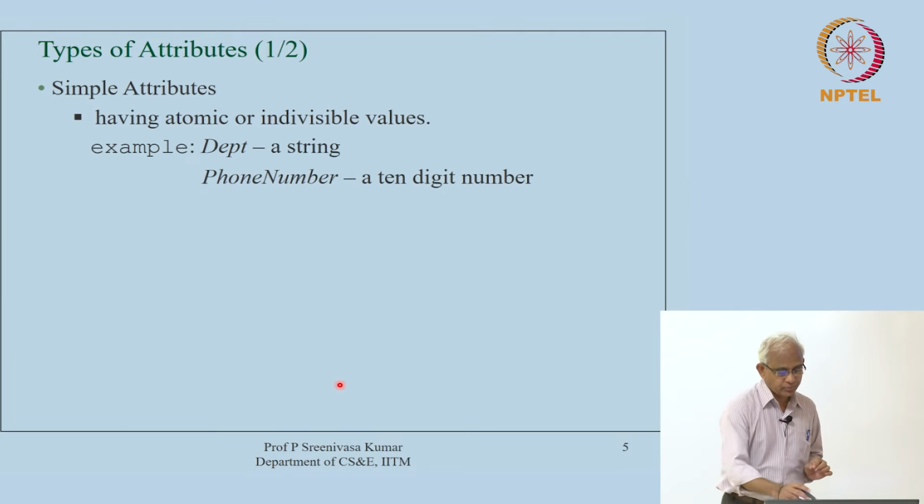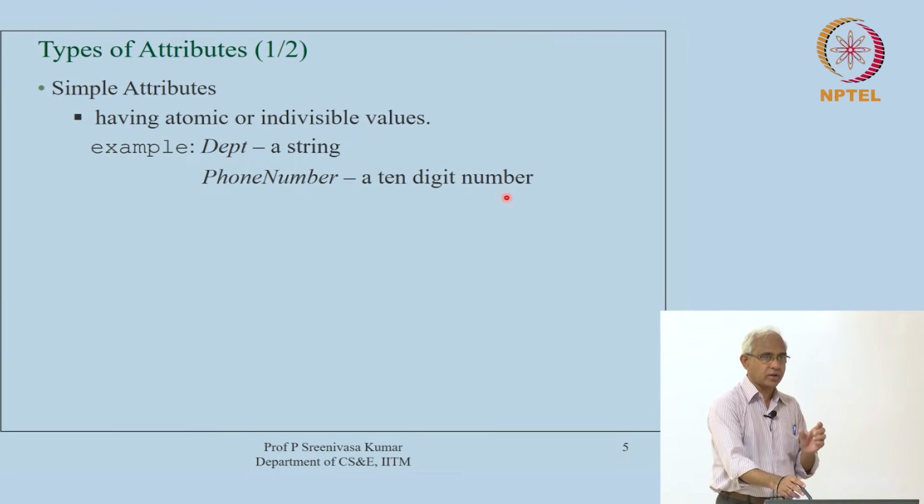Like a phone number is a 10-digit number. Okay. Department is a string. So, the department attribute used for describing some entity is a string. The phone number attribute is a 10-digit number and we will treat that as an atomic number.